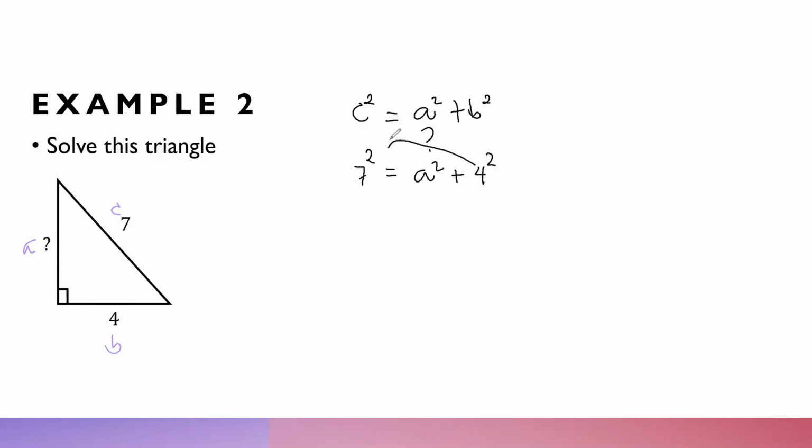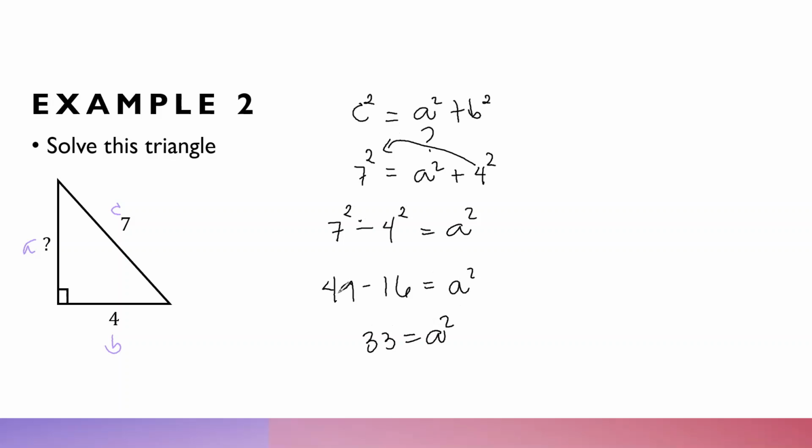Now let us transpose 4 to the other side. So this is now 7 squared minus 4 squared is equal to A squared. Now 7 squared is 49 minus 4 squared is 16. This is equal to A squared. 49 minus 16 is equal to 33. This is equal to A squared.